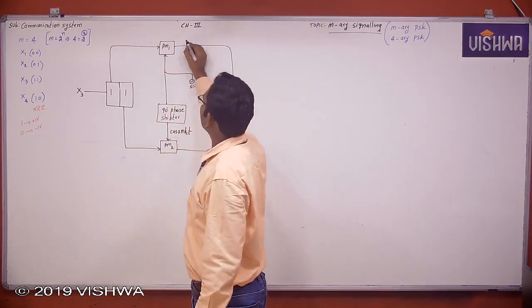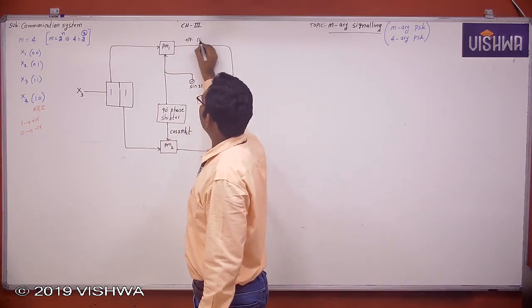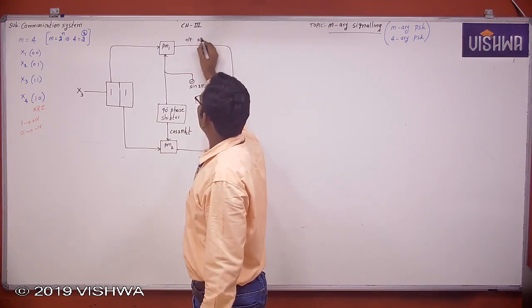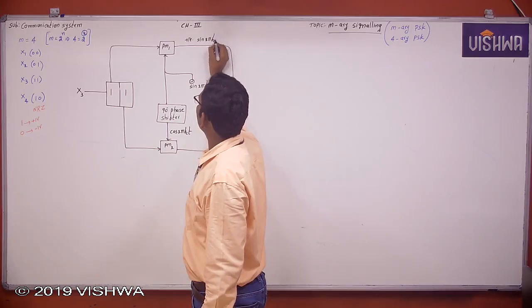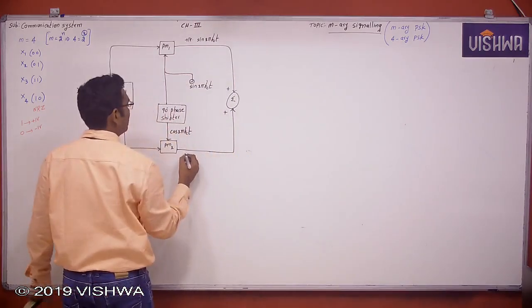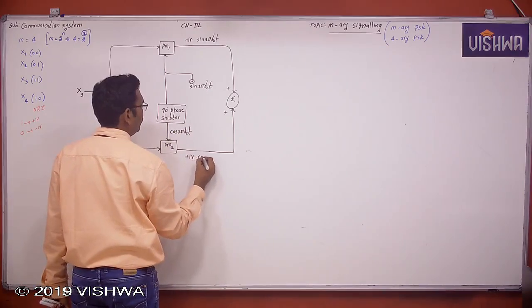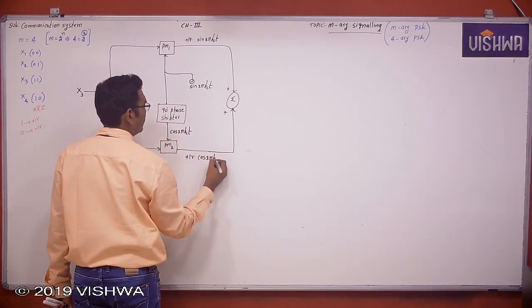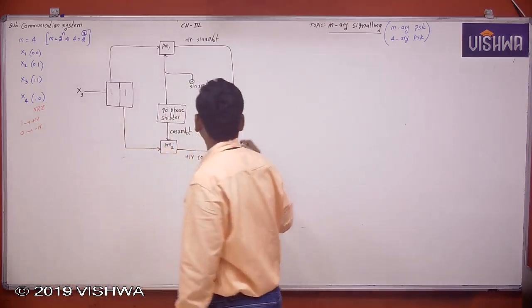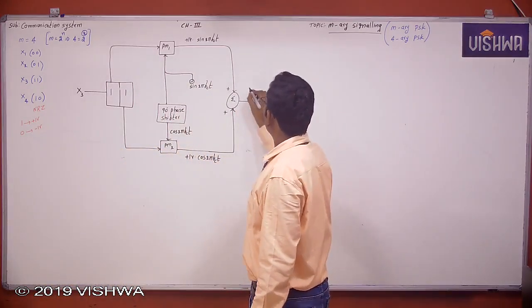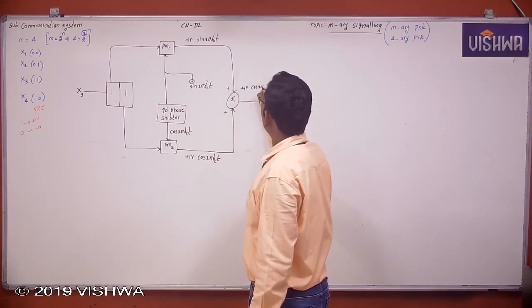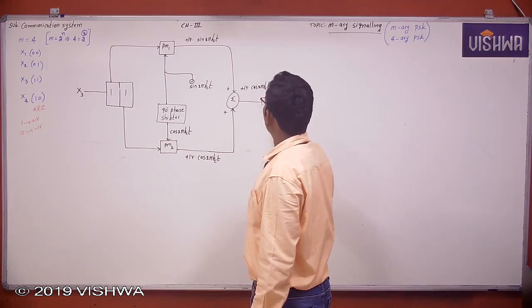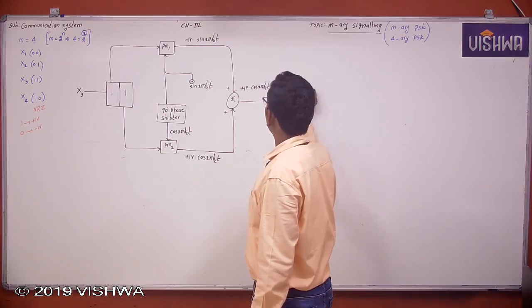So this is binary 1, which is plus 1 volt into sine 2 pi FCT. And this is again binary 1, which is plus 1 volt into cos 2 pi FCT. Therefore, plus 1 volt into cos 2 pi FCT plus 1 volt into sine 2 pi FCT.